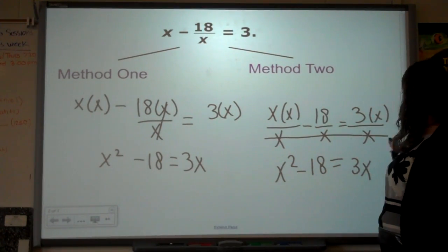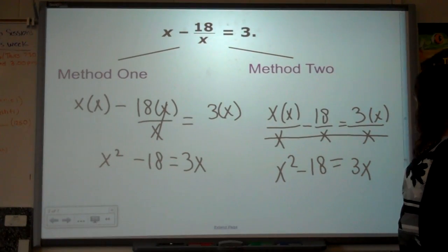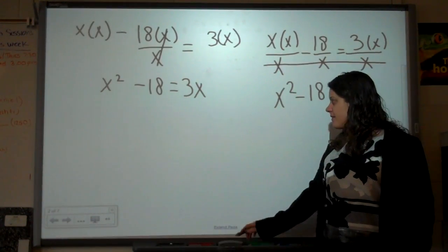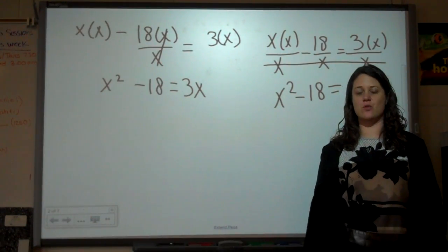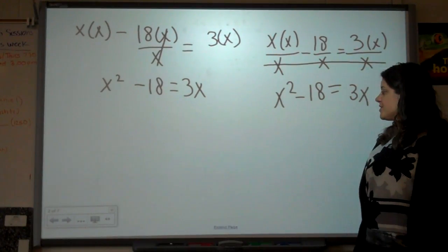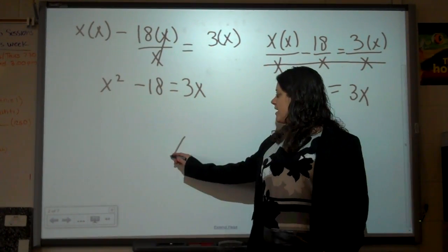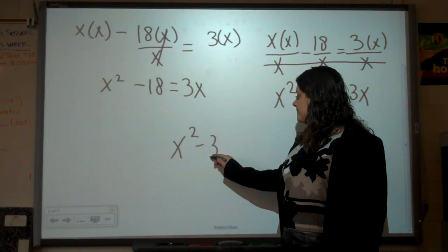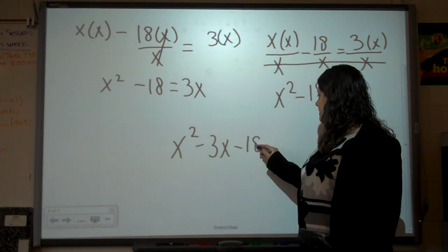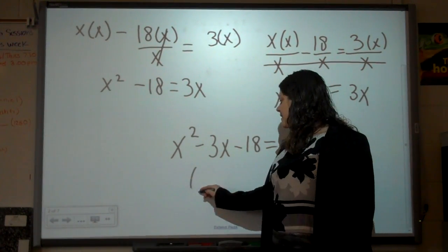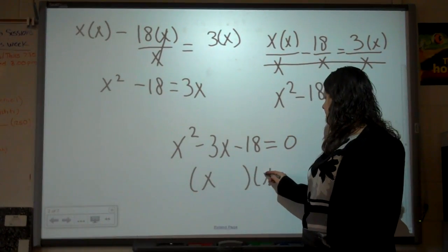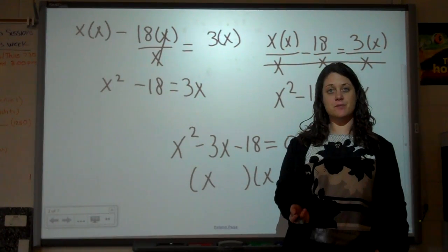Once you get to this point, you're going to solve this just how you would normally solve it. Hopefully you realize all this is just a quadratic equation, right? So to solve a quadratic equation, I'm going to put it in the correct order. I'm finding the two things that are going to multiply here.